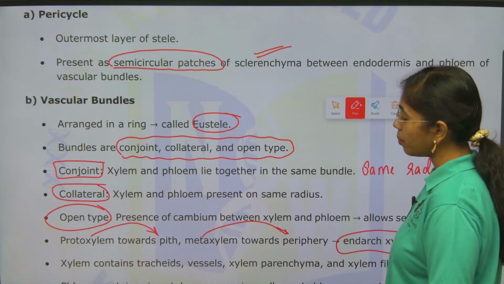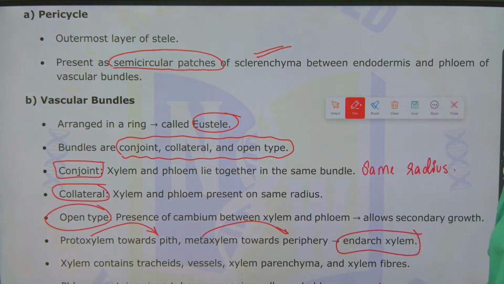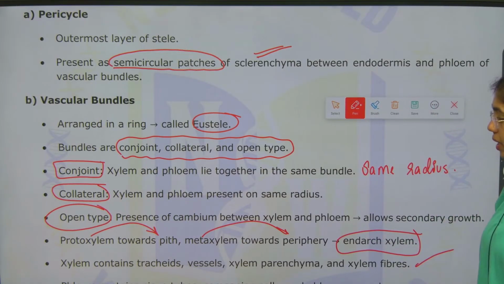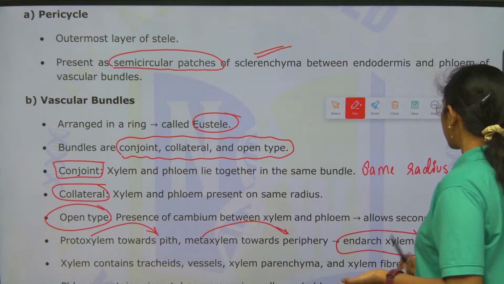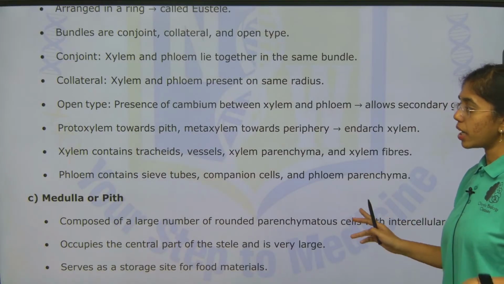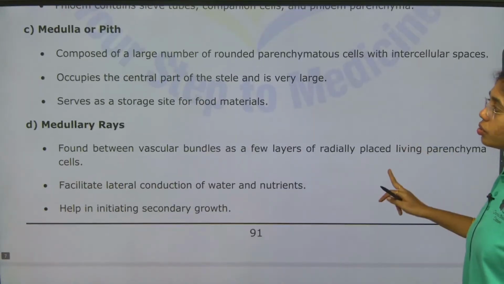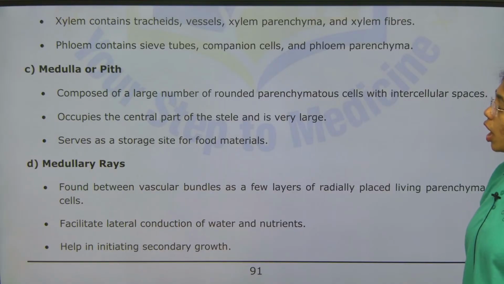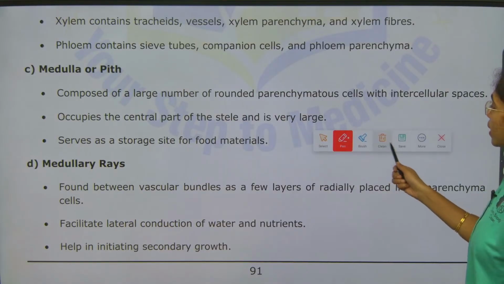And here xylem contains all the 4 types of tissues in angiosperms: tracheids, vessels, xylem parenchyma and xylem fibers. Phloem also consists of 4 types of tissues: sieve tubes, companion cells, phloem fibers and phloem parenchyma. Next you see medulla or pith, of course composed of parenchyma.